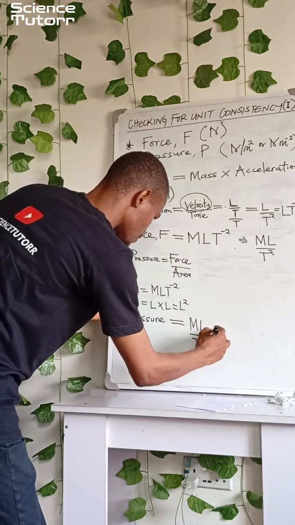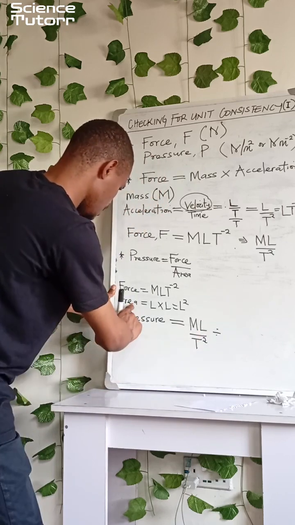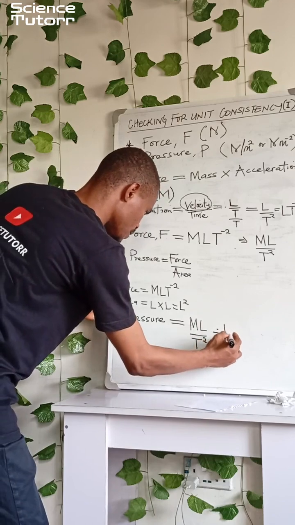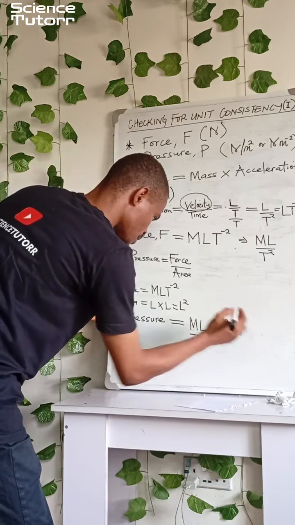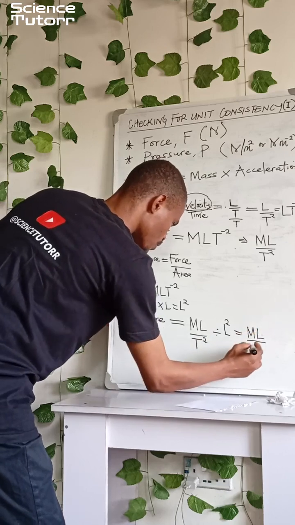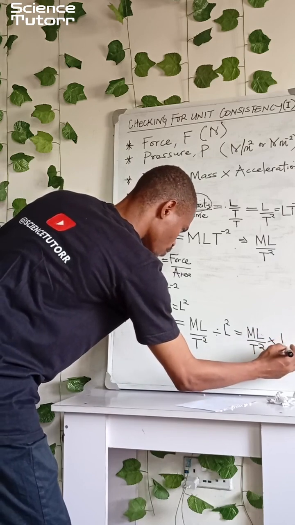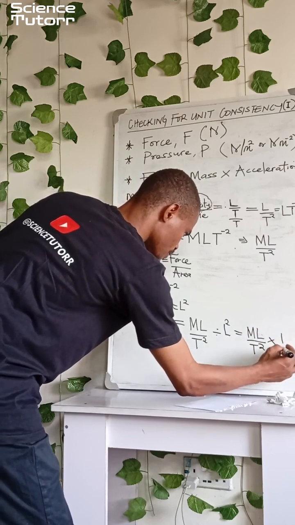If I'm using this division, area is L squared, which automatically means M L over T squared times 1 over L squared.